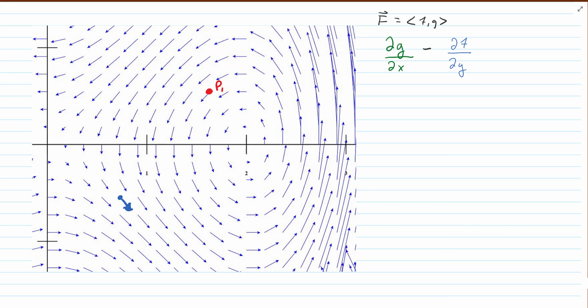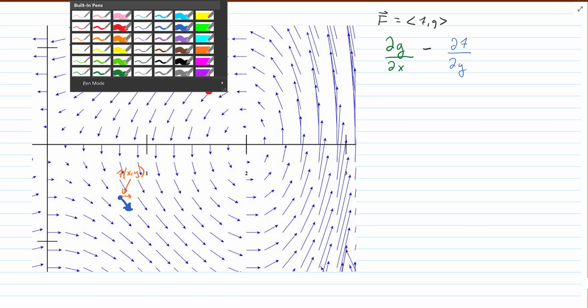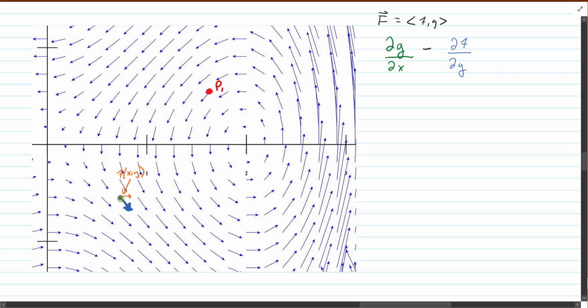When I talk about the x component of that vector, I'm talking about this magnitude right here, that we get by evaluating the function f at the point, as opposed to the y component function, which we get by evaluating g at that point. I wanted to remind you of that because we're now going to look in depth at this curl calculation.